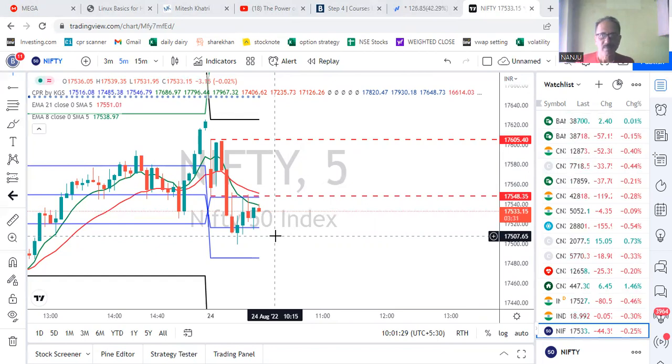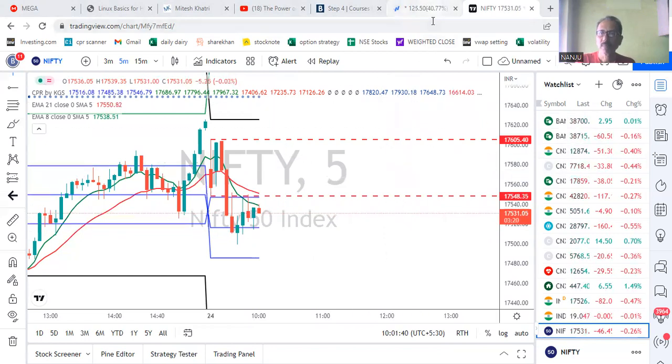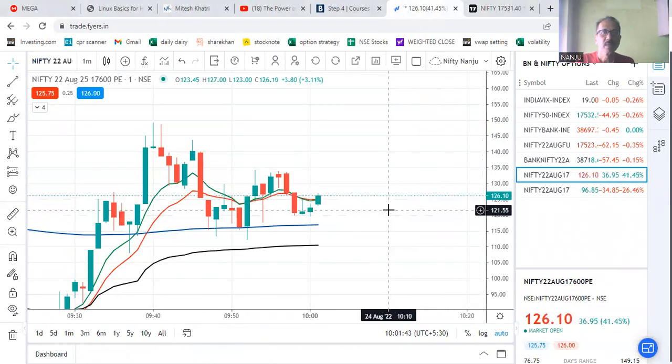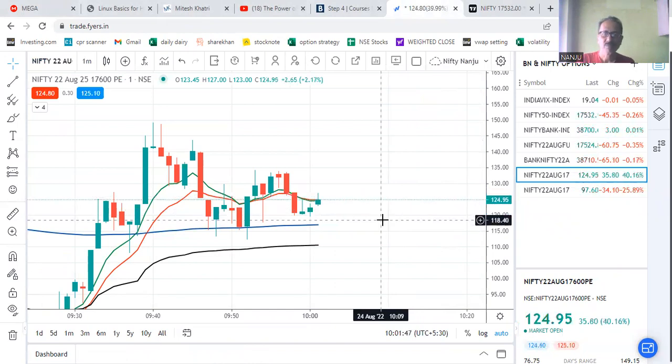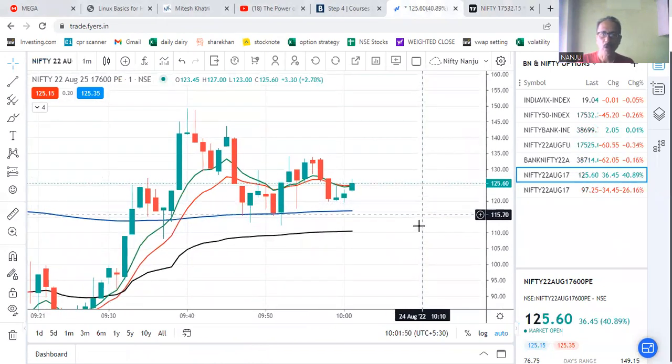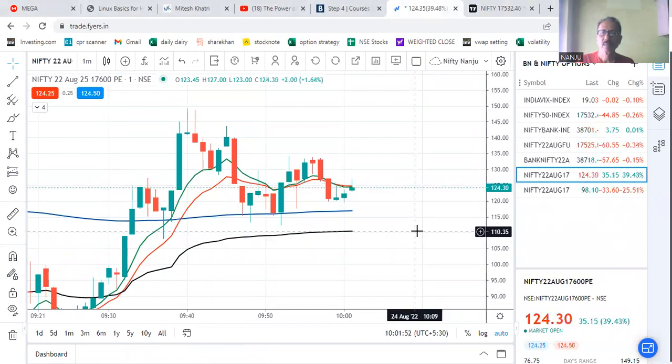See, now there is no fun in buying a call option. We have to buy a put option. So right now I have in my watch list 17,600 put option. Even it is very clear here, even on the option chart, it is trading well above the VWAP.